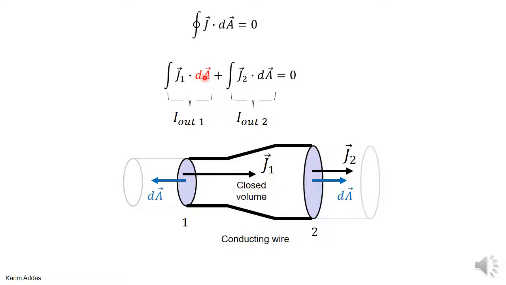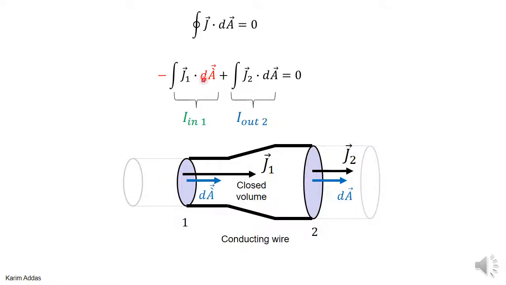Now let's make a simple trick. Instead of writing dA where the dA points from inside to outside, let's just multiply this by -1 and switch the direction of the area vector. So that means minus dA prime. dA prime now points in the opposite direction.